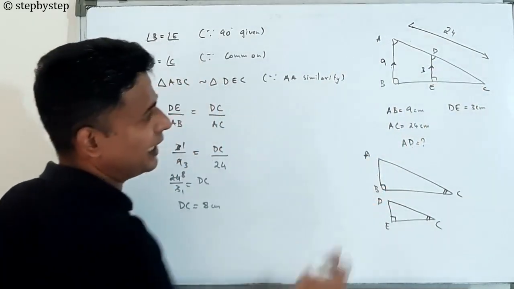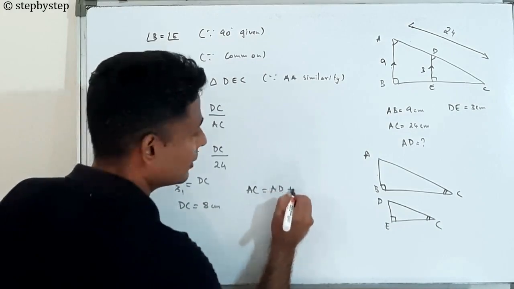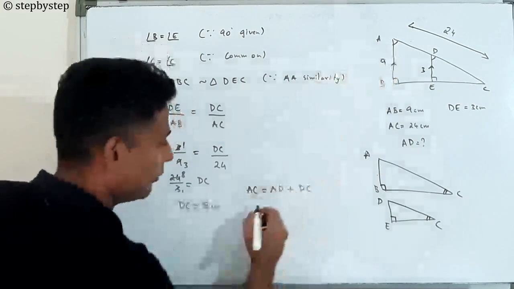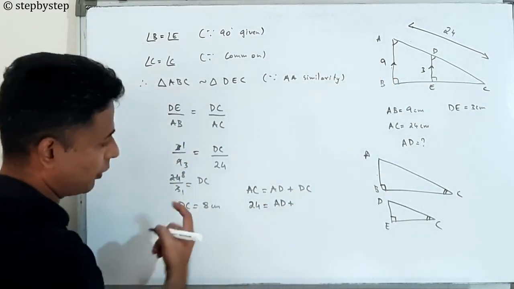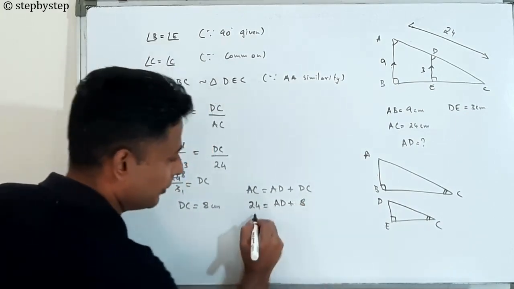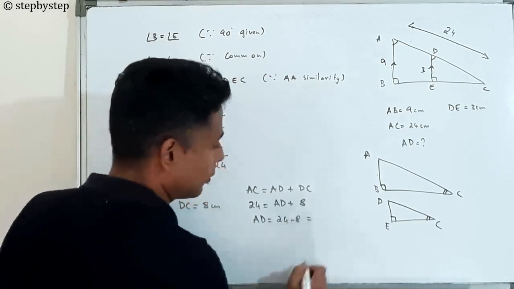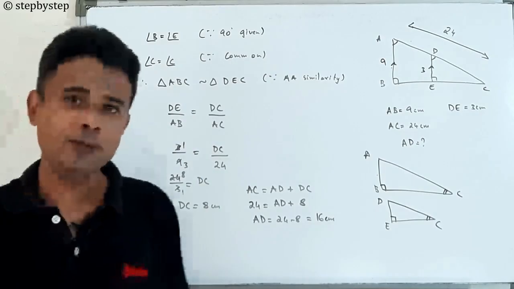Now all I have to do is find AD. Now what is AC? AD plus DC, right? AC is this plus this. They have given AC is 24 centimeters. AD is what we need to find, and we found DC was 8 centimeters. So AD will be equal to 24 minus 8, that is equal to 16 centimeters. Very easy problem.